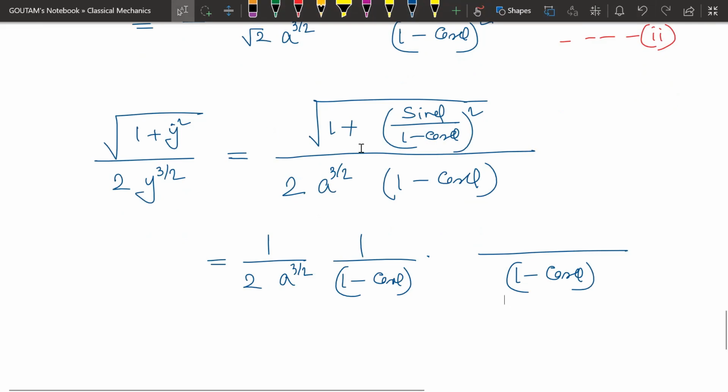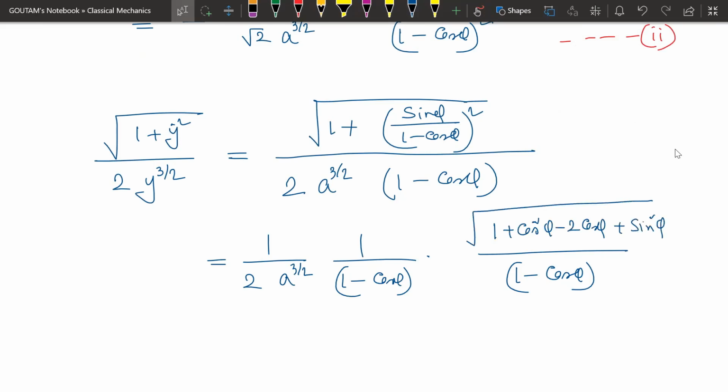If we add 1 with this term, then there will be a 1 minus cos phi square in the denominator, and there is root, so there will be 1 minus cos phi. And in the numerator, we will get again 1 minus 2 cos phi plus cos square phi plus sine square phi, root under.